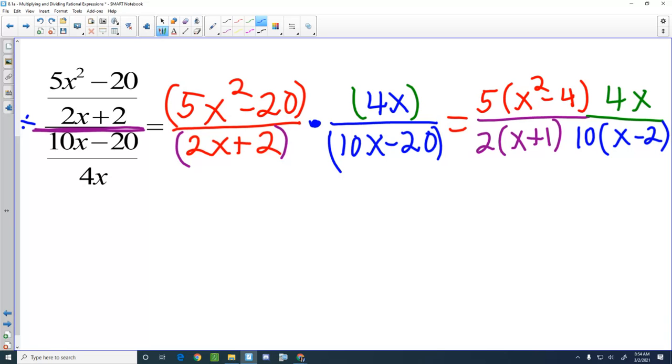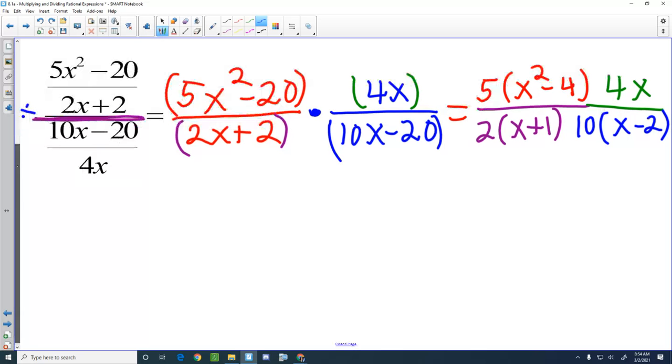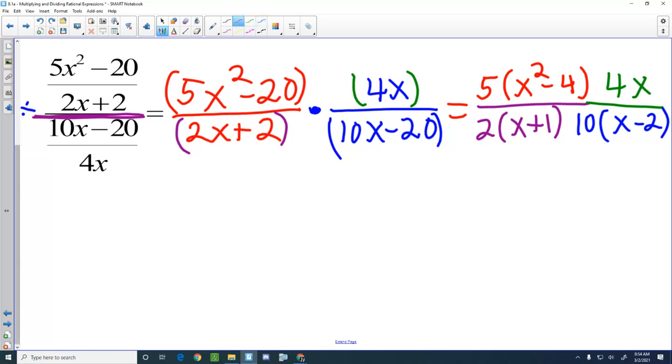Yeah, x squared minus 4. That's the difference of squares, isn't it? Aren't those both perfect squares? So I can take that first numerator with the 5, x squared minus 4. What does that break down into? Yeah, take the square root of each of those. It's an x plus 2 and an x minus 2.